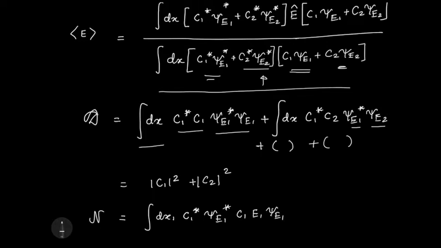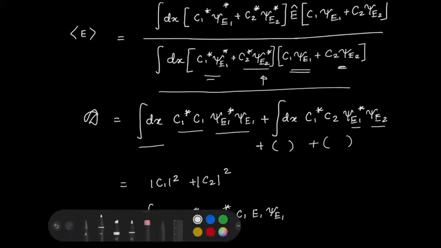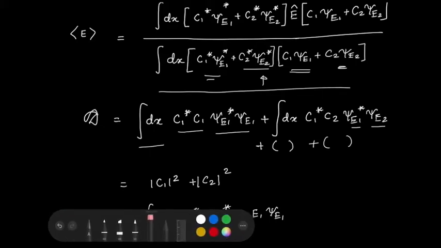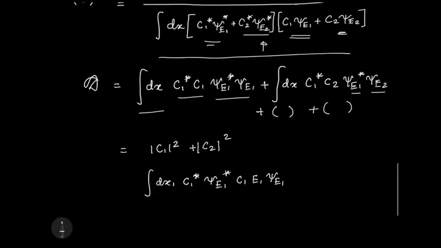Okay, so let's call this the numerator and calculate this term first. So what will this term be now? You see again the same integral will happen between these three terms, and that will just give me 1. So I will get E1 mod C1 square.